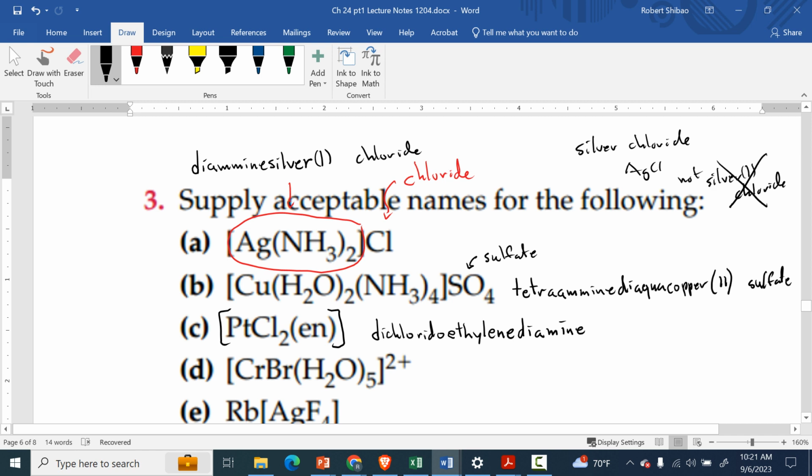So there are two clues. One clue is I don't have 2 amines because this is not double M. In fact, I have an ethylene diamine. This whole thing comes together. So in this case, I'm going to put the parentheses there just to show that this is one ligand. So dichlorido, ethylene diamine, platinum or platinate?